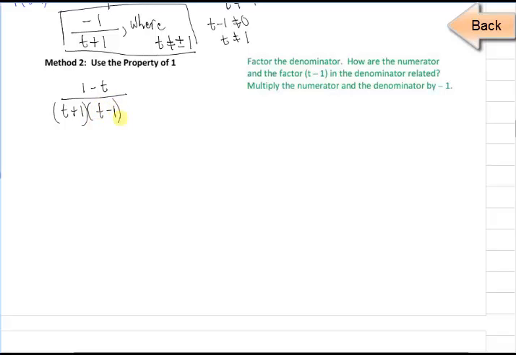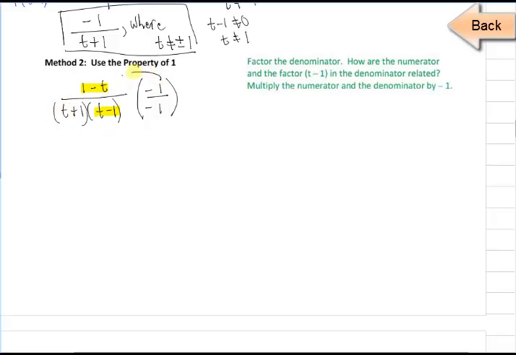We happen to notice that this factor in the numerator is the additive inverse of the factor in the denominator. So when we see that, we can apply a second method. We can multiply the expression by 1, and we're going to multiply it by negative 1 over negative 1, because negative 1 divided by negative 1 is 1. So when I multiply by that, I don't change the overall expression that I start with.